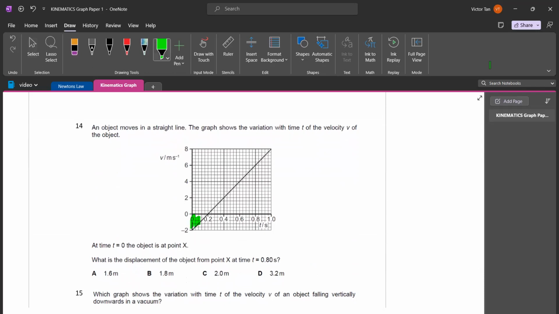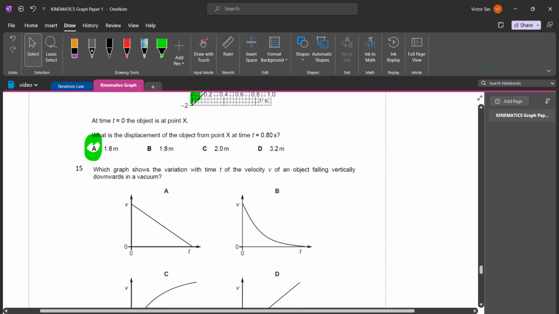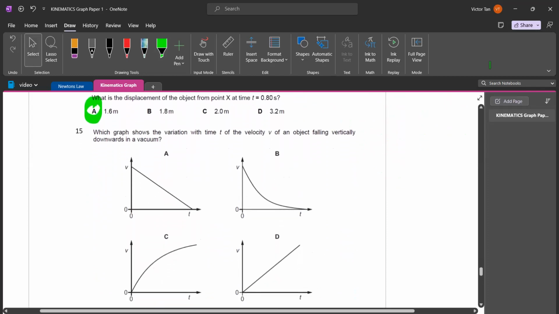So over here, the area is half times 0.2 times 2, which is negative 0.2. So up to 0.8, the area is half times 0.6 times 6, 1.8. 1.8 minus 0.2, 1.6.